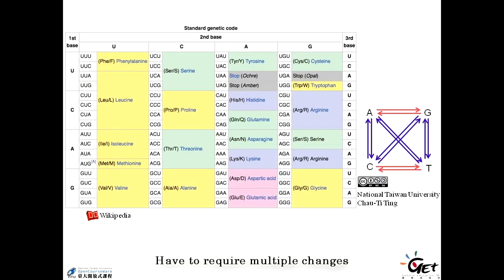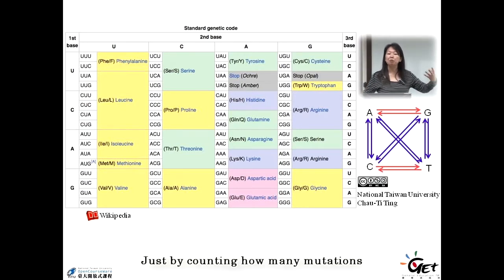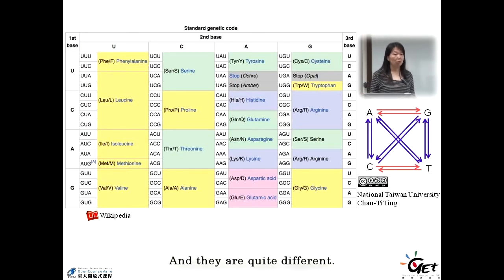It requires multiple changes to get to that codon. So that's what we mean, in a couple of slides, by the distance from one amino acid to another: just counting how many mutations are required for this type of change. And they are quite different.